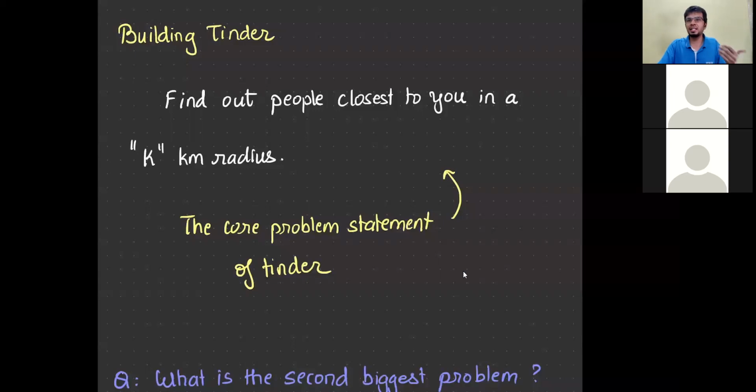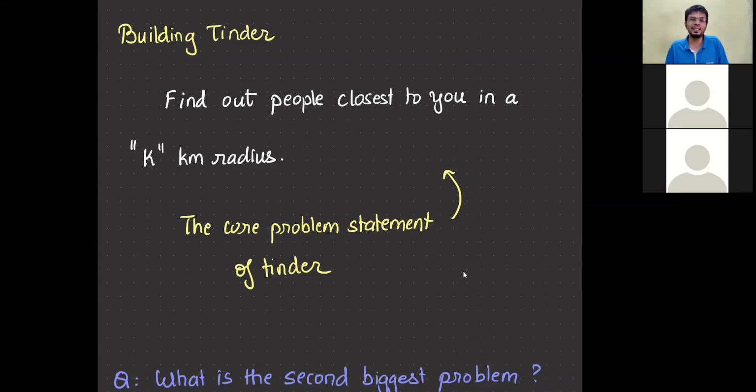This is the second biggest problem of Tinder, because database schema and scaling are all okay, but this is a very important thing because it has to be done efficiently and at scale. People who I have already swiped left or right, I should not be seeing them again, even though they are sitting right on the next table to me.